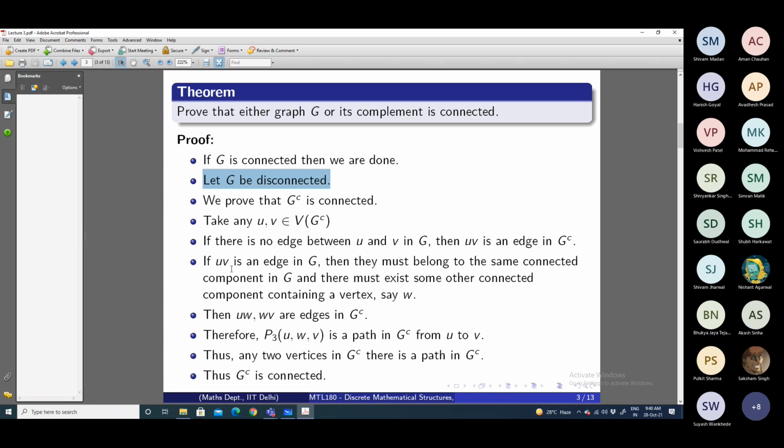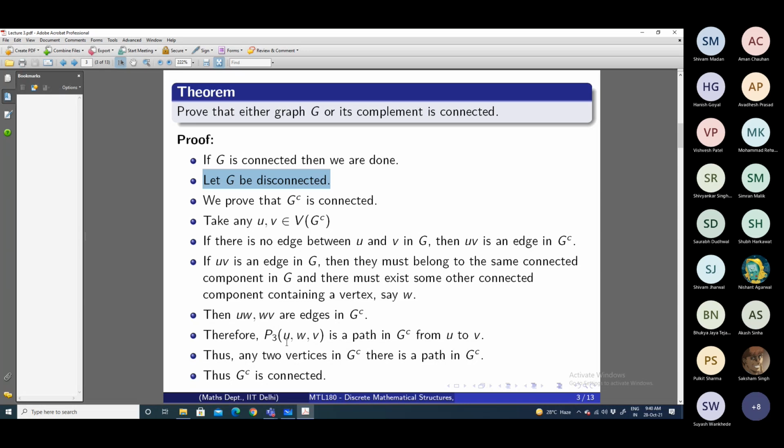But it is given that G is disconnected. So we must have another connected component which contains another vertex, say W. Since U and W are in different components in G, there is no edge between U and W in G. So there is an edge between U and W in G complement, and similarly there is an edge between W and V in G complement.